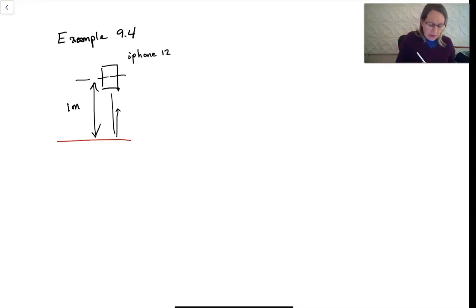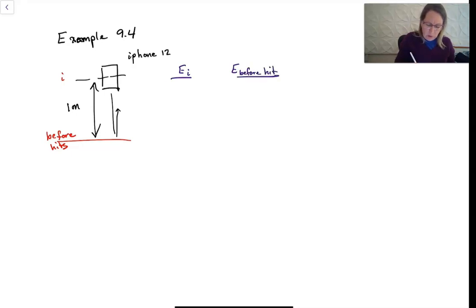We can say its initial energy is all potential energy, and then right before it hits the ground, we're going to find out its speed right before hitting. So as we look at this, we can say energy initial, energy before hit.